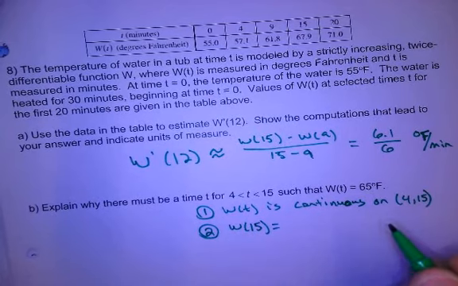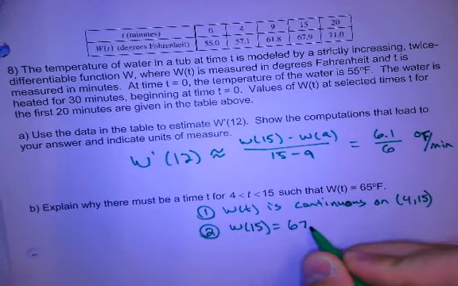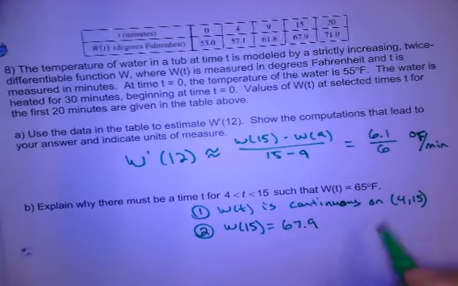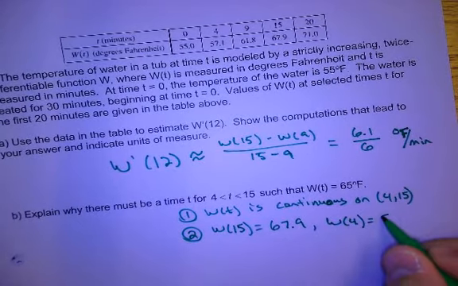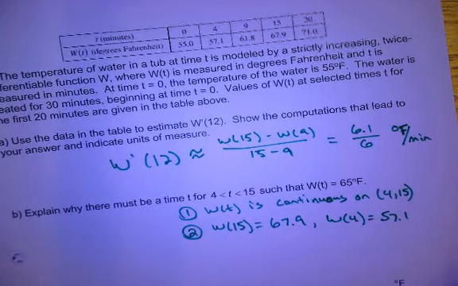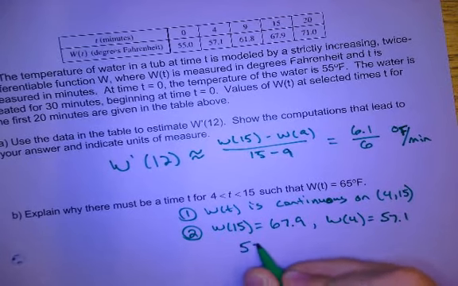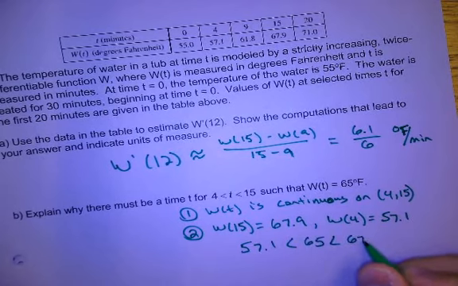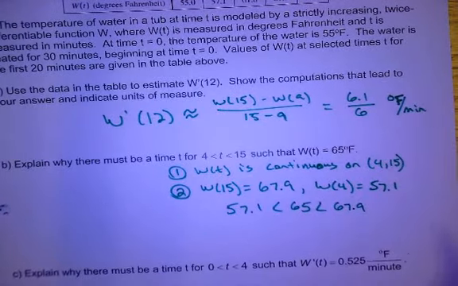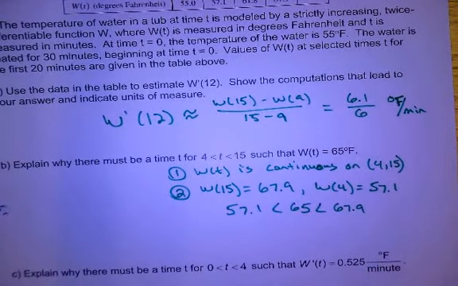W of 15 is equal to what? Very good, 67.9, just reading the table. W of 4 is equal to 57.1. So 57.1 is less than 65, which is less than 67.9. Where did I get all those numbers from?